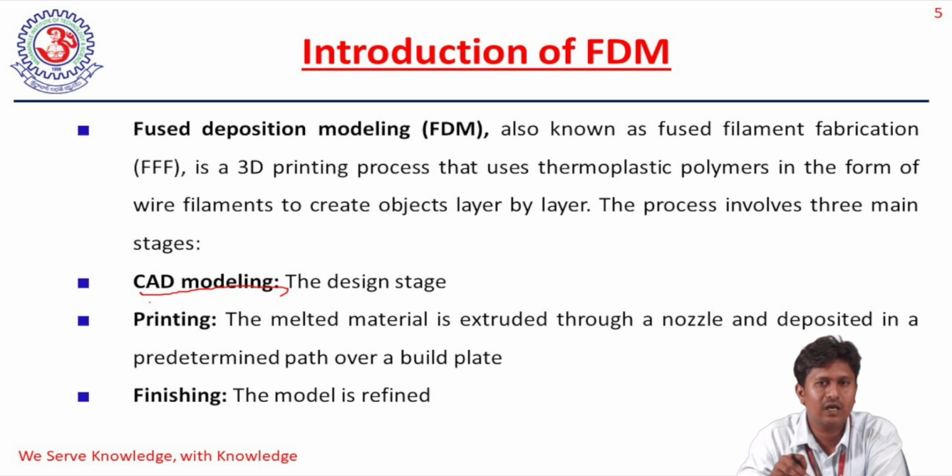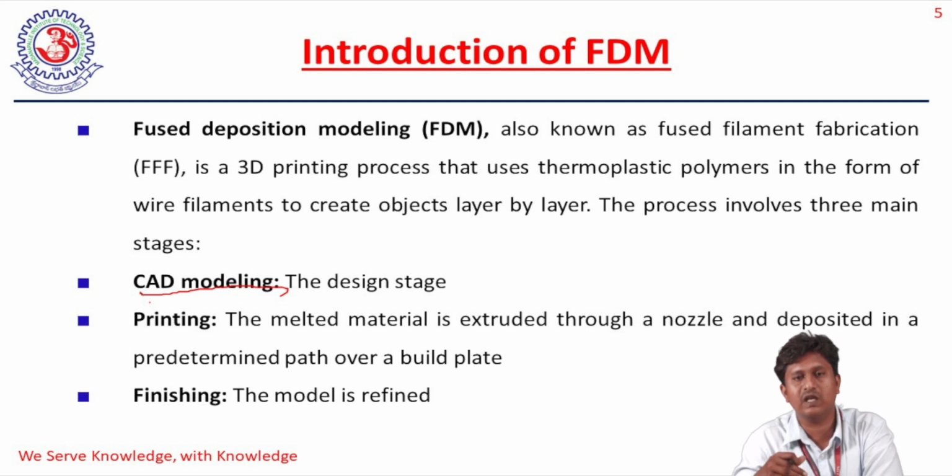To avoid this kind of problem, we can give support material. This may be the printed material, or in the market support materials are available which are soluble in water or in chemicals, or we can easily remove them by some grinding or polishing process. These finishing operations or removal of support materials will be carried out in the finishing stage.